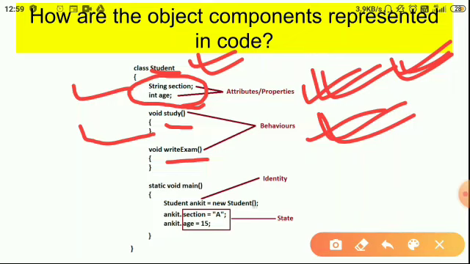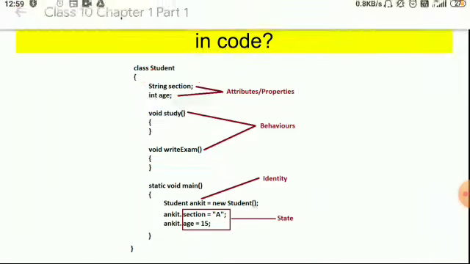Look at this line here. I am creating an object, an object by the name of Ankit. And Ankit is an object of which class? Student class. Ankit is an object of the student class. What do I mean by this?